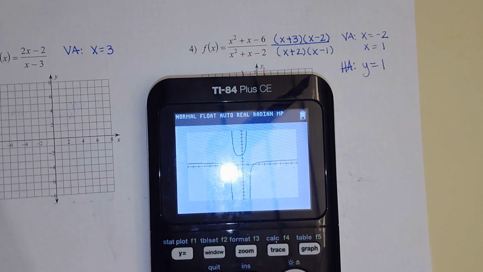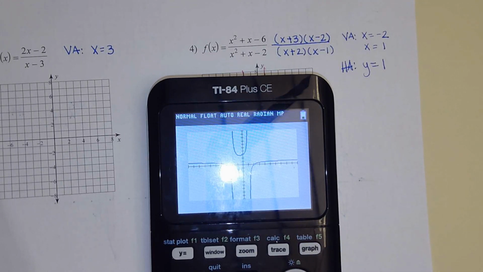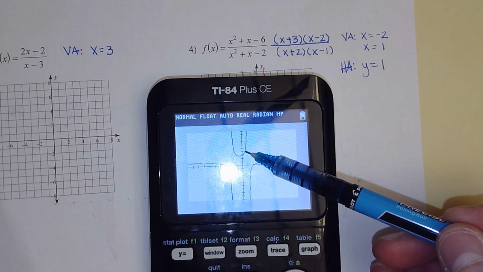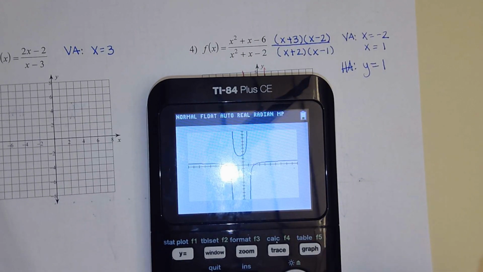And what we can see is we have a graph here that shows us points. I have a y-intercept, I do have x-intercepts, and I need to find the values that I'm looking for. So what I'm going to start with is this parabola up here. I'm going to find the min to it.